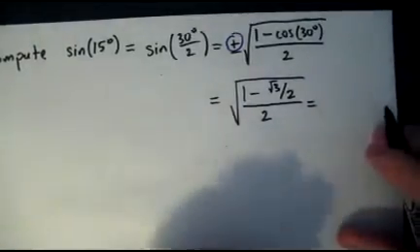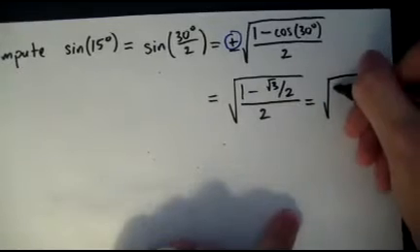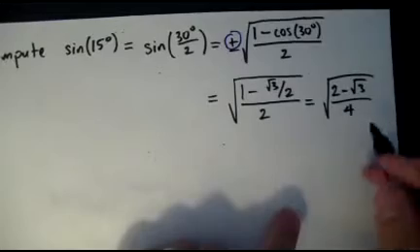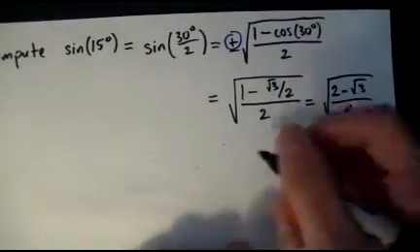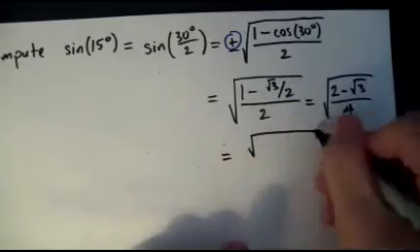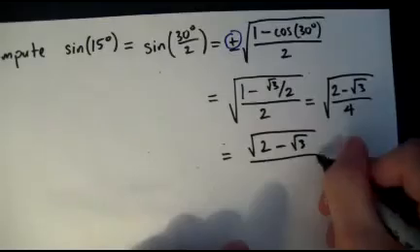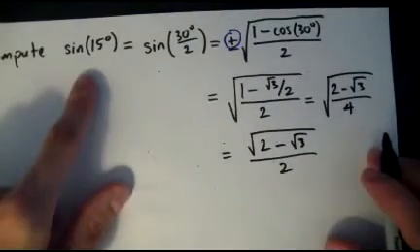And we can simplify this a little bit. Multiply top and bottom by 2 gives us square root of 2 minus the square root of 3 all over 4. And we can simplify the square root of 4 in the denominator and get just 2. So what we end up with is the square root of 2 minus the square root of 3 all over 2. So that is what sine of 15 degrees is.